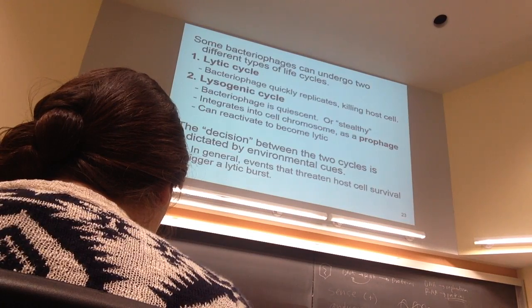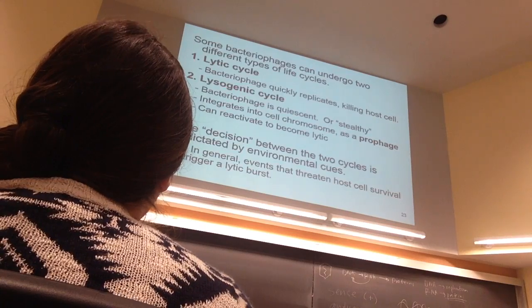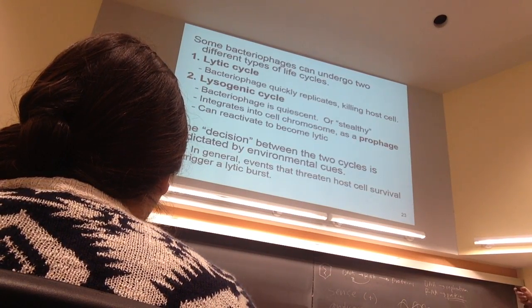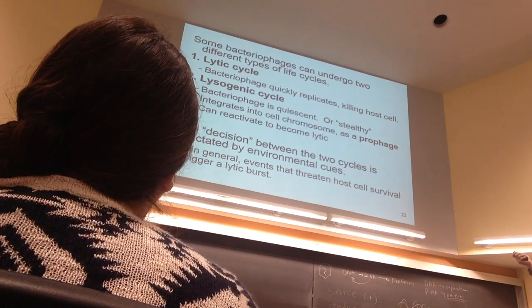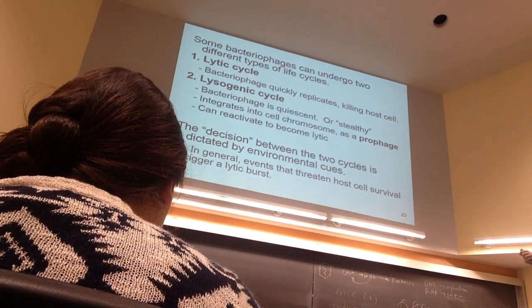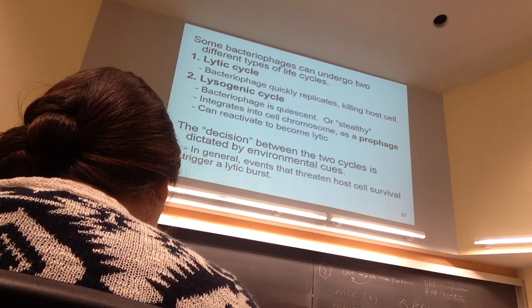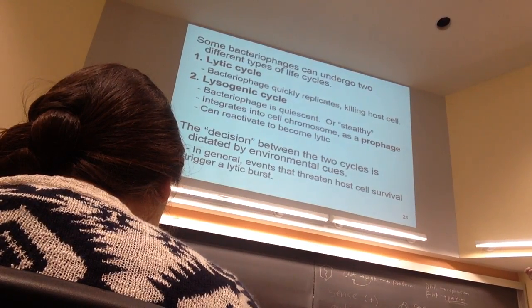And it can be in that particular stage indefinitely, until it reactivates and then becomes lytic. You see? In the lytic cycle, this replication happens quickly. In the lysogenic, it remains dormant. So these are called temperate viruses.